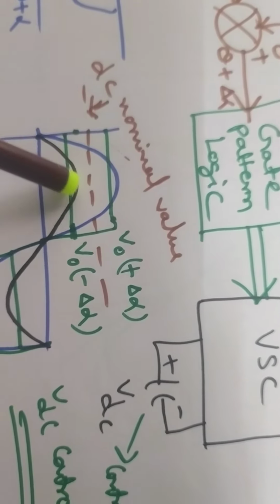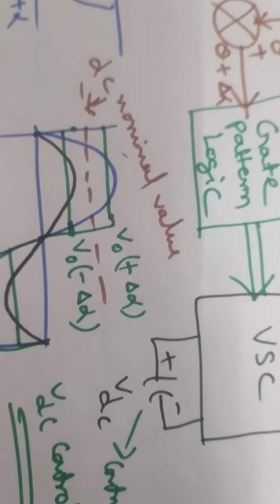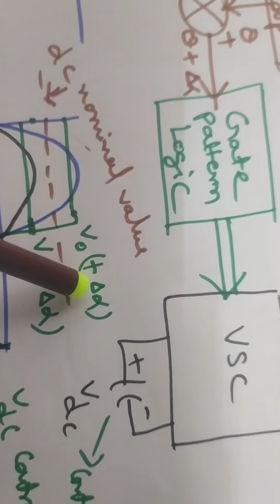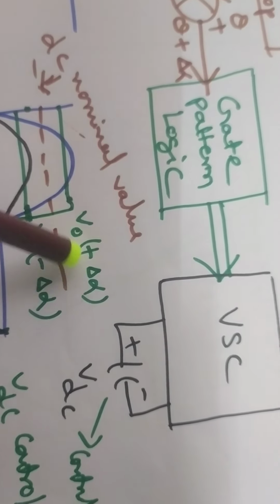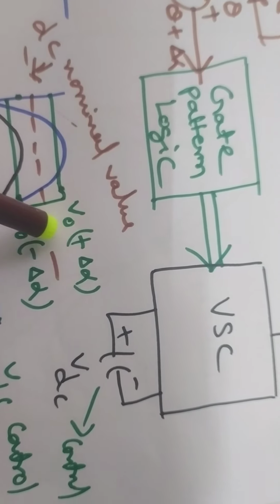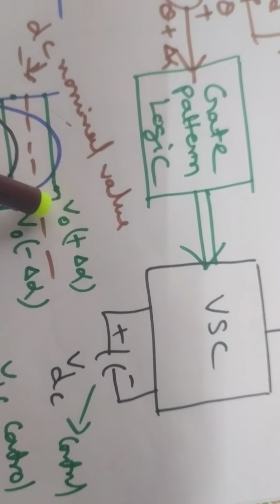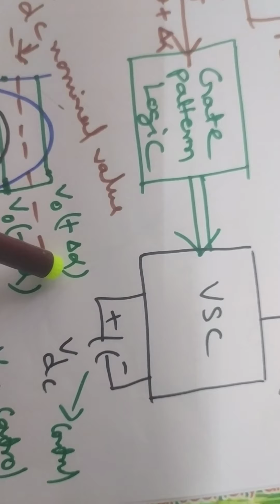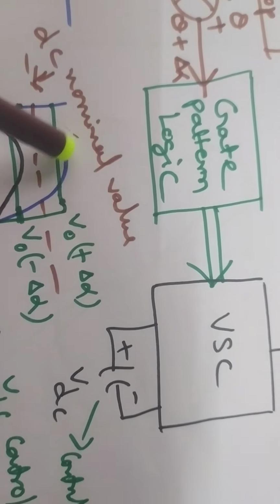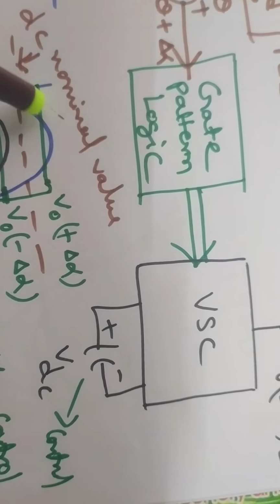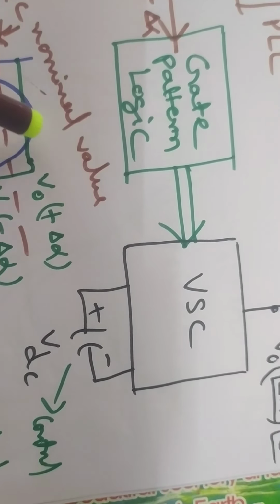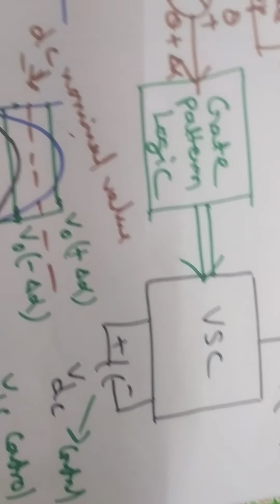You can reduce the AC output voltage. Similarly, if you want to have more voltage, then you provide the positive sign for the delta alpha, so that V0 can be increased. V0 is a function of delta alpha, so delta alpha is added to the initial alpha, and you will get the increased AC voltage for this DC output voltage.